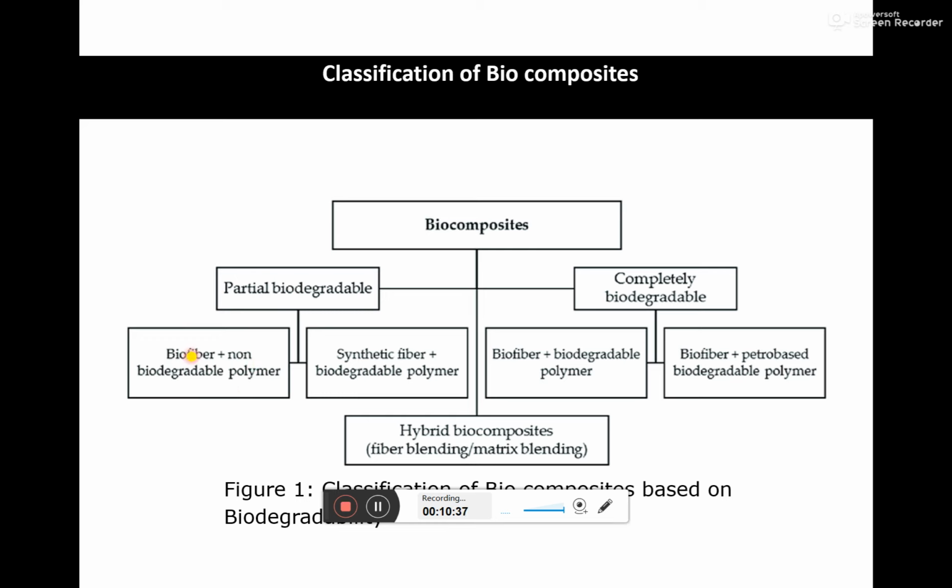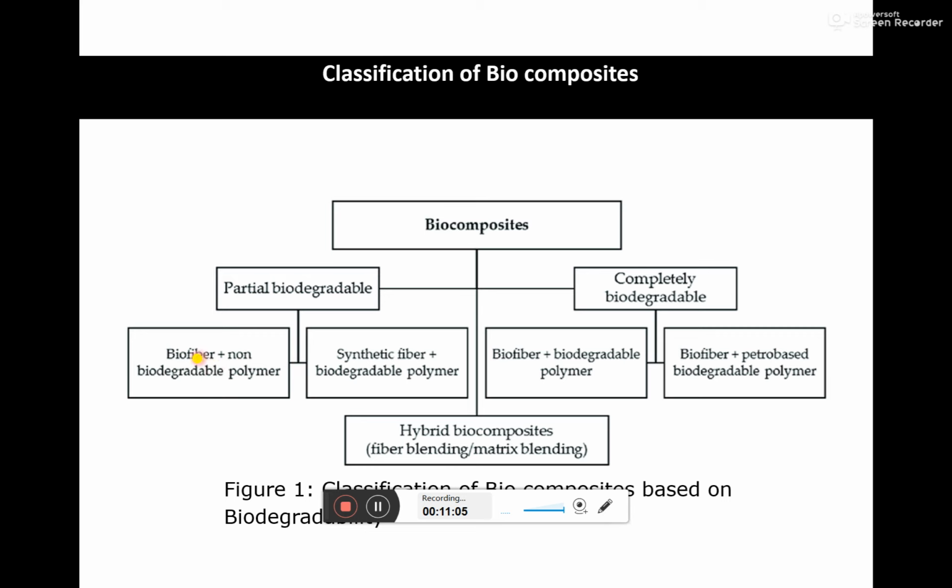For example, like partial biodegradable materials, one subclassification is the biofiber plus non-biodegradable polymer.